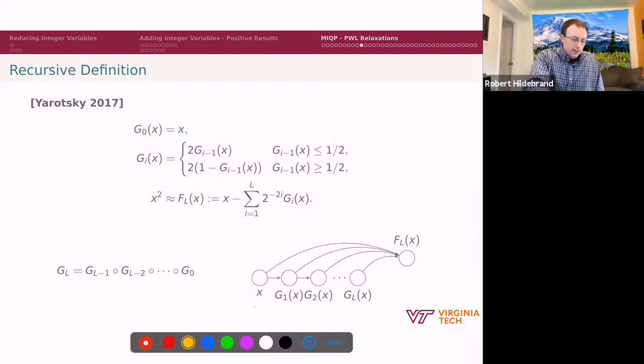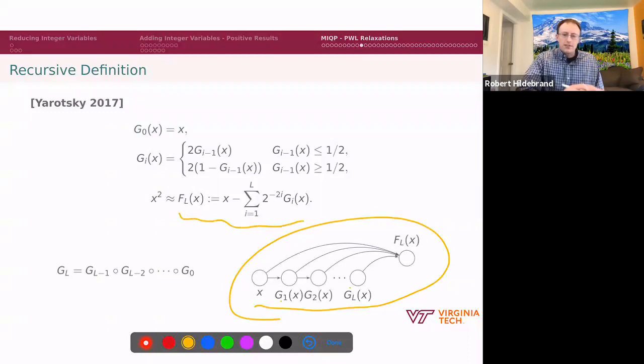And thus you can write a little neural network here where each function feeds into the next function, and then you have to sum them in the end to get the right approximation of the quadratic. And here you can recognize this is some form of like a ReLU activation function with just some minor offsets here.